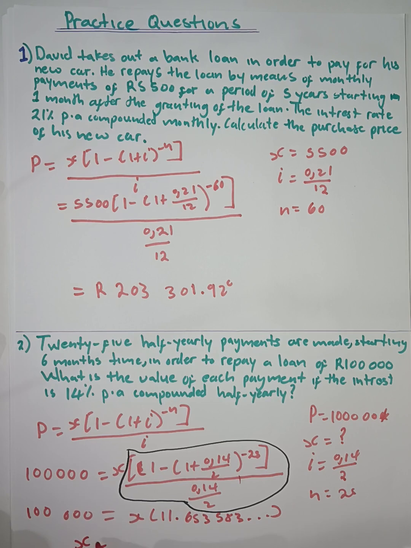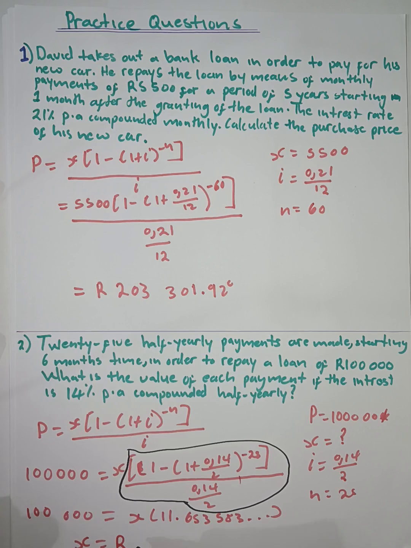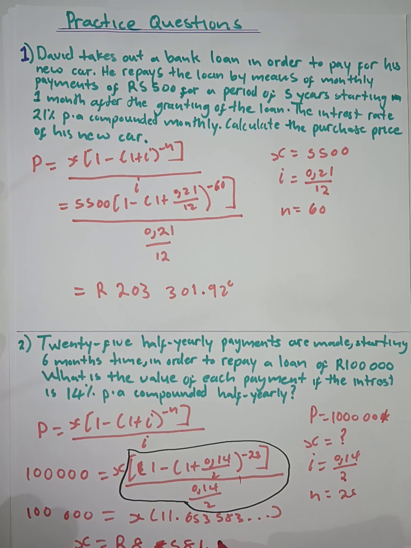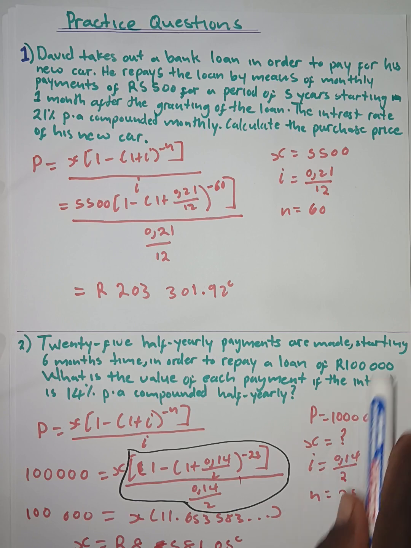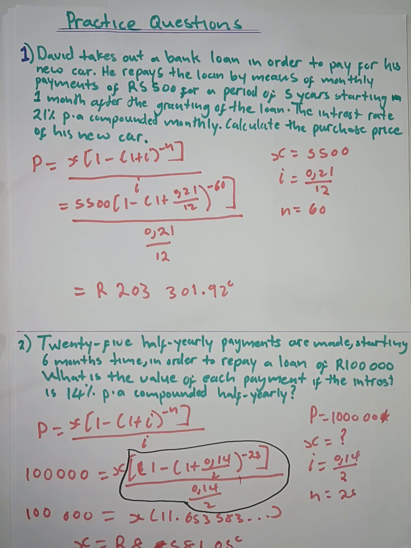So I'm just going to divide that 100,000 by that 11.653, and what you're going to get is the value of X being 8,581.5 cents. So he would need to make half yearly payments of 8,581 rand and 5 cents in order to pay off that 100,000 if he wants to make 25 payments.